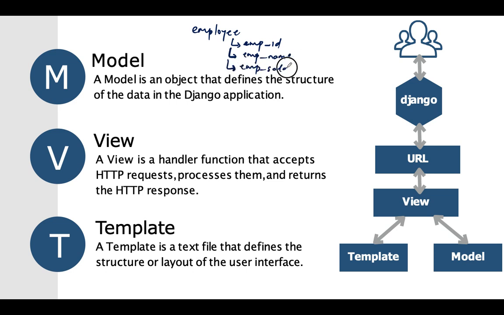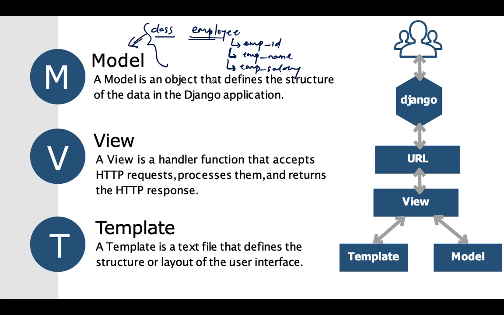Based on this you want to create your application. So this employee is nothing but your model, which is generally called a class, and it has a set of data which is id, name and salary for every user. This entire structure is called a model.